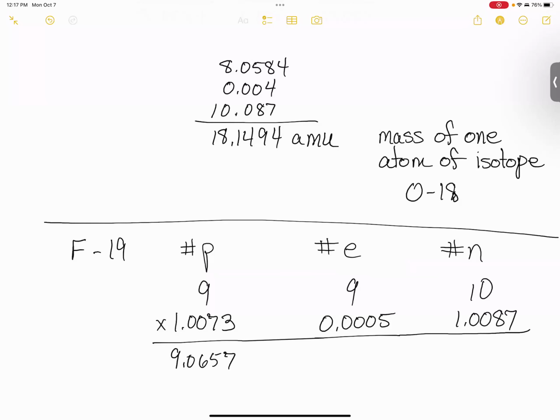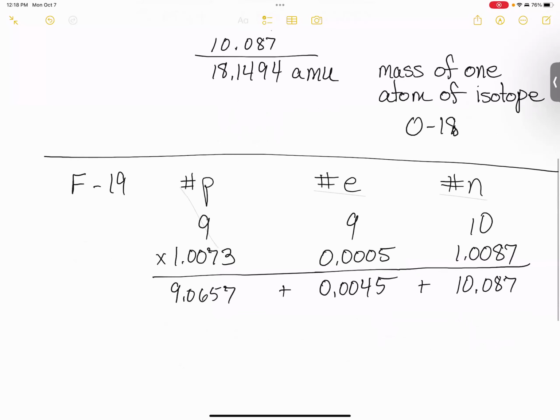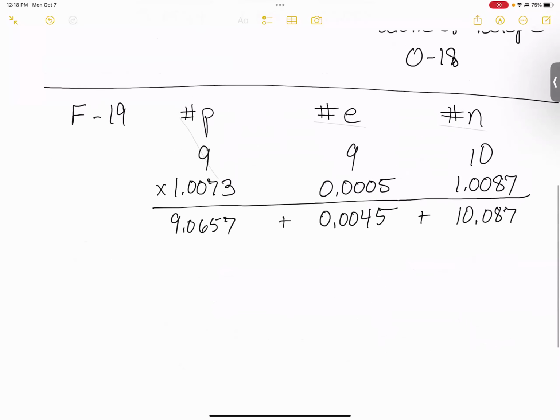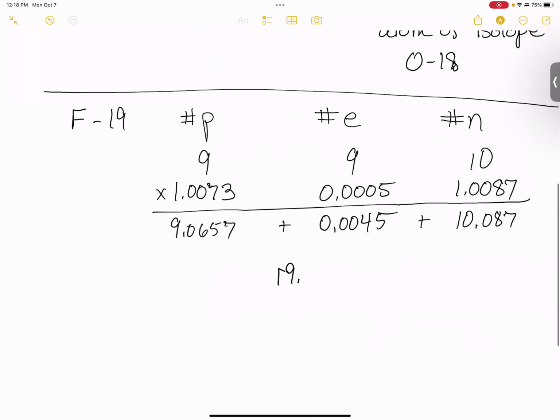The electrons contribute 0.0045, and the neutrons contribute 10.087. When you add those together, you find that it has a mass of 19.1572 atomic mass units.